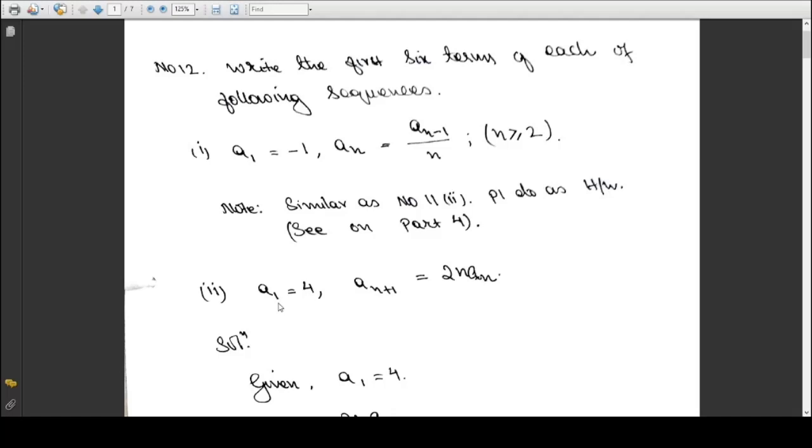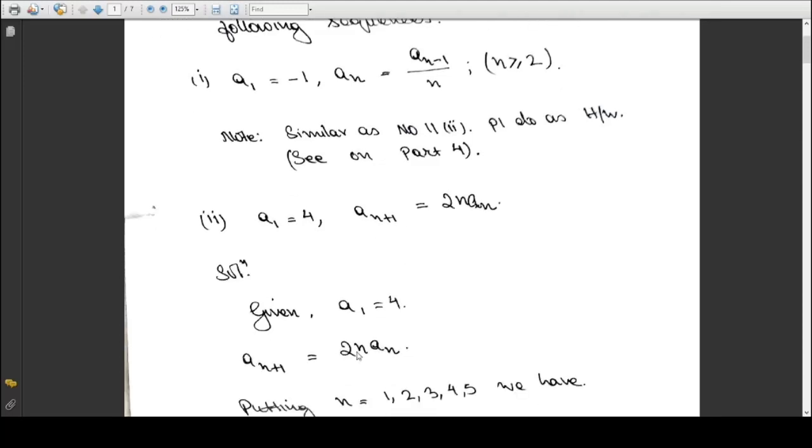Here in number 2, it is given that the first term is 4 and the (n plus 1)th term is given by 2n a_n. Now we have to find the first 6 terms, including the first term.